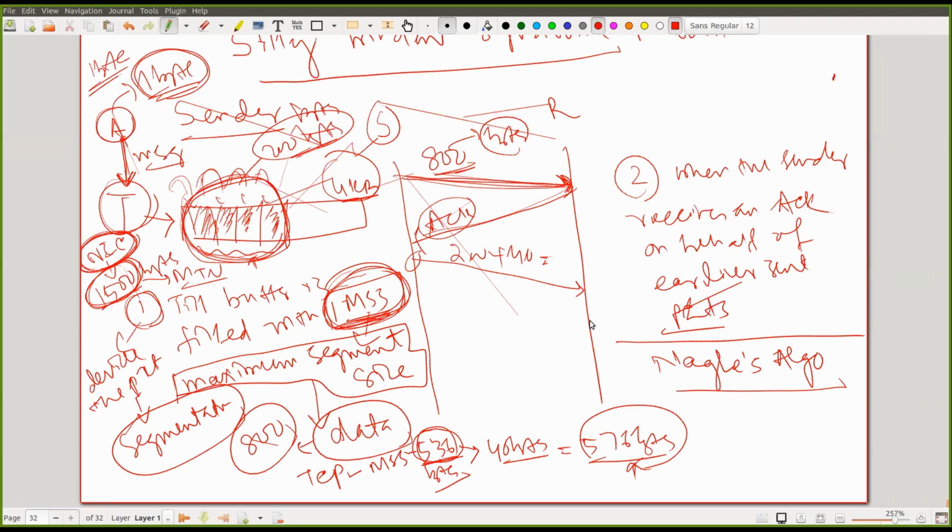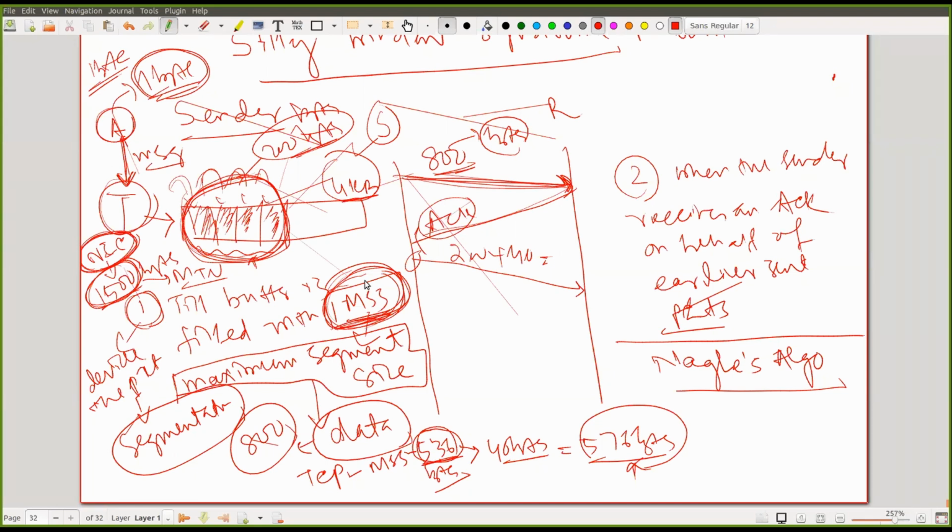The solution is to accumulate the data in the buffer until it is filled with one MSS or an ACK is received from the other end. Only at that moment do you send the data. Otherwise you keep populating the buffer without sending, thereby taking care of the overhead problem that arises because the sender is generating the data very slowly.